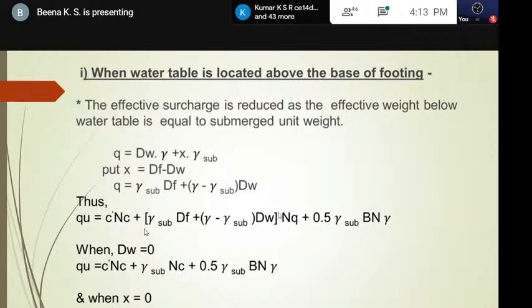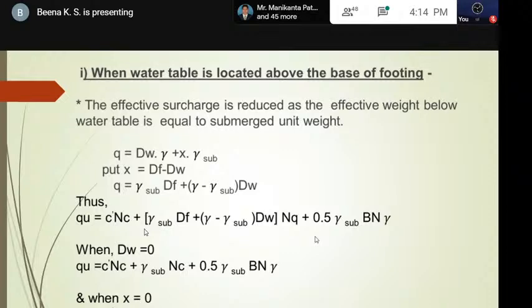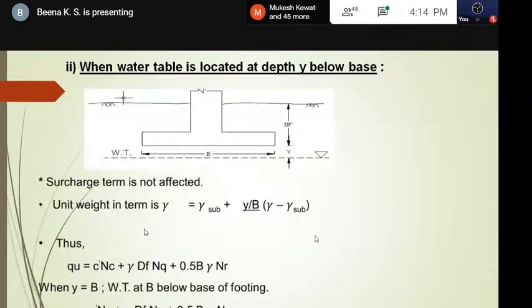So we introduce some terms, 0.5 gamma B with gamma submerged, and here also for the q Nq term you have to consider the submerged density. So I hope you have discussed this thing in detail.